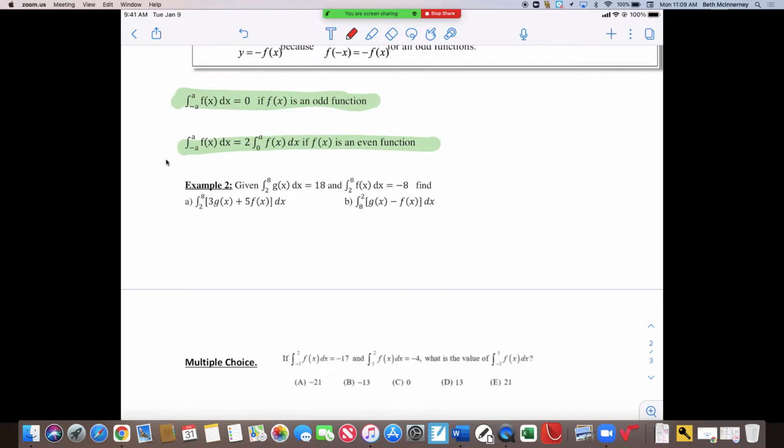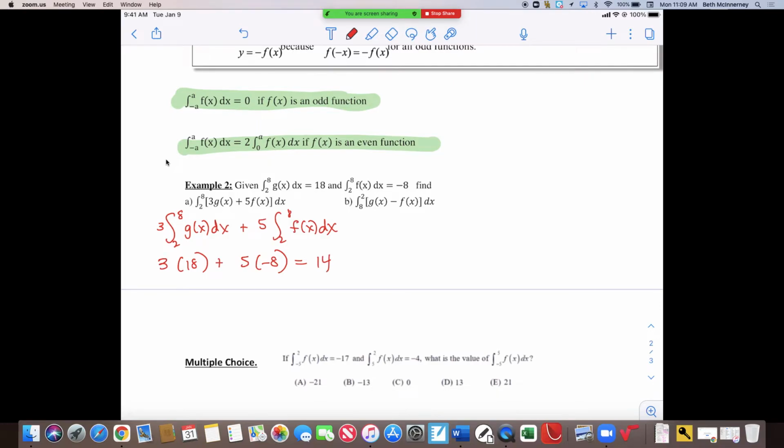All right, in letter A, I pulled out the 3. And I'm going to pull out the 5. So this is 3 times 18 plus 5 times negative 8. Did you get 14?